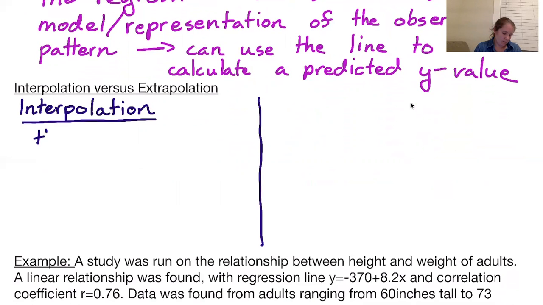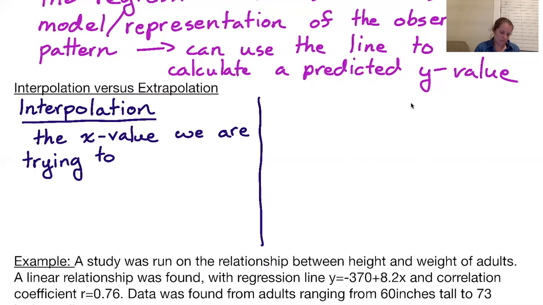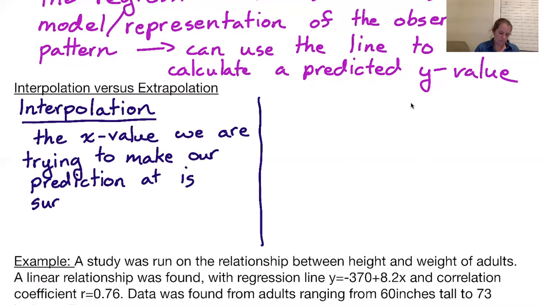So the x value we are trying to make our prediction at is surrounded by our data.